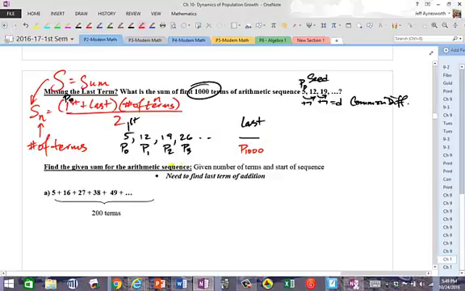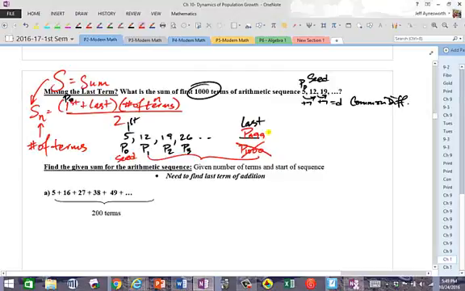Why is that? Well, if you count up the number of terms from 1 to 1,000, that is 1,000 terms plus the seed. If you add the seed, you get 1,001 terms. So this is not the last term. Remember, we start counting from 0 and not 1. So the last term out of 1,000 terms is actually p sub 999, excuse me.